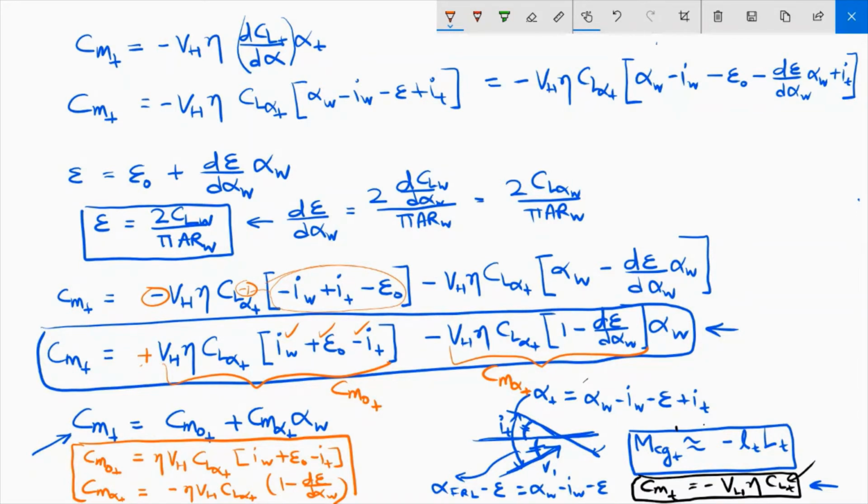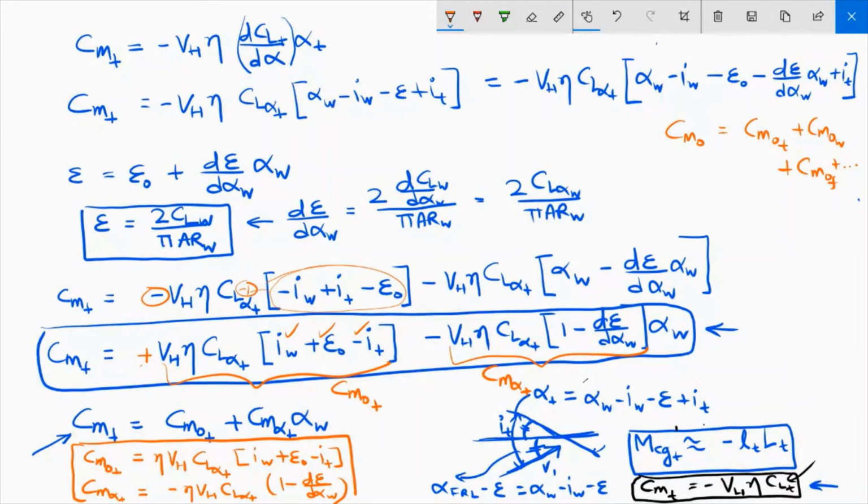When you calculate the CM0 for the entire aircraft, it will be equal to CM0 caused by the tail plus CM0 caused by the wing plus CM0 caused by the fuselage, plus any other contribution from other aircraft components if you want to include it.